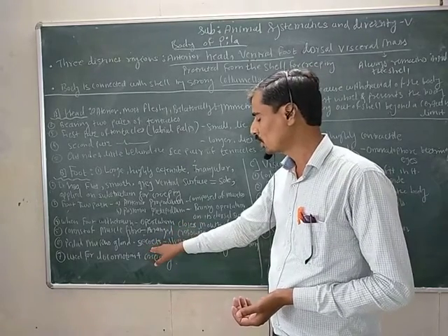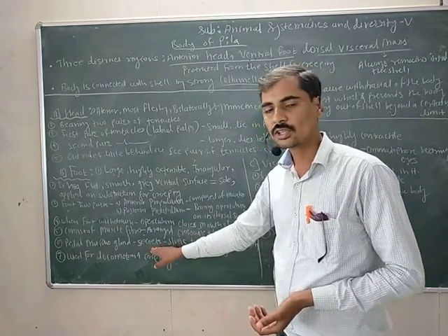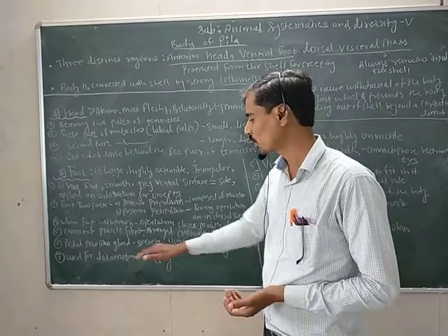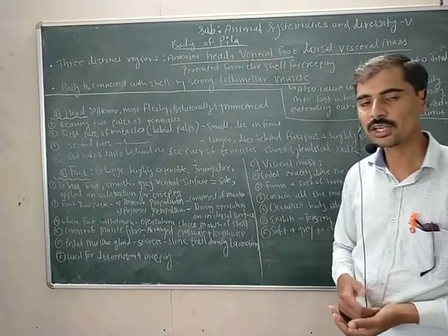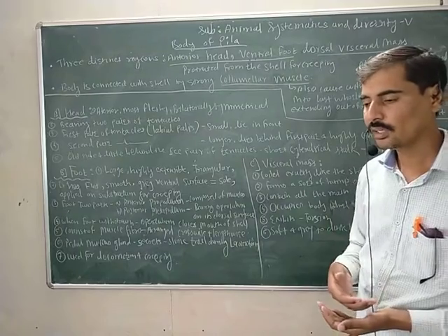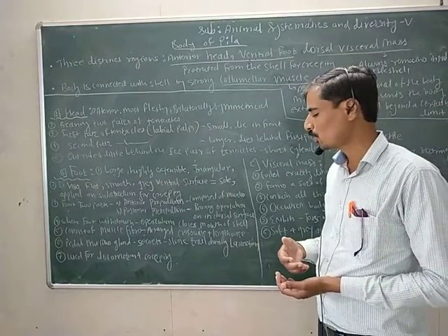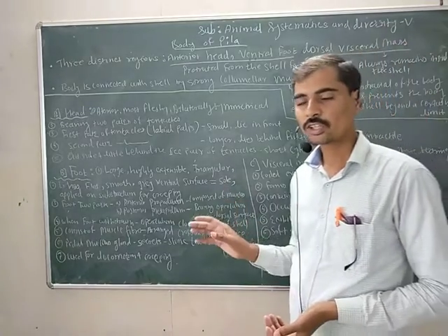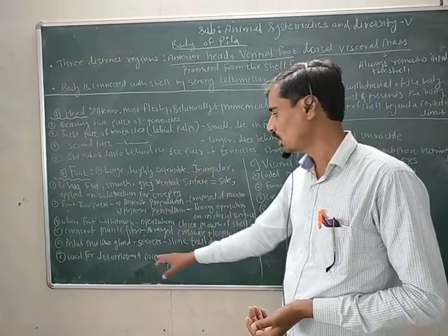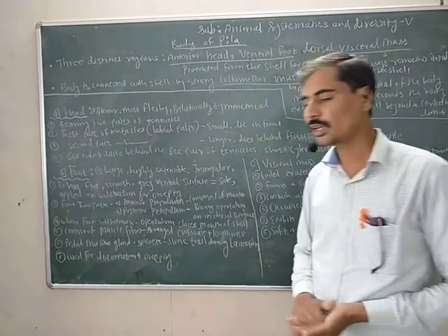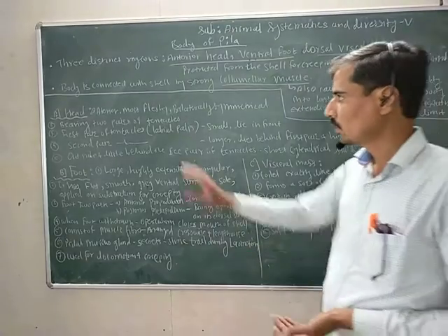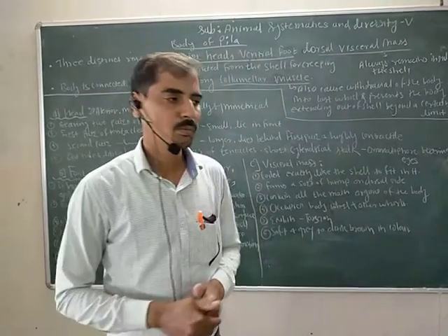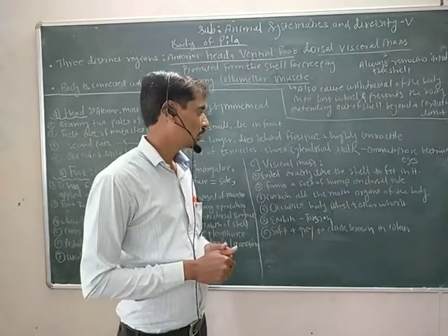The foot of the Pila globosa contains the pedal mucus gland, and this pedal mucus gland secretes a slimy secretion during the locomotion process. The main function of the foot is locomotion and creeping activity. These are the two important parts of the body of the Pila globosa.